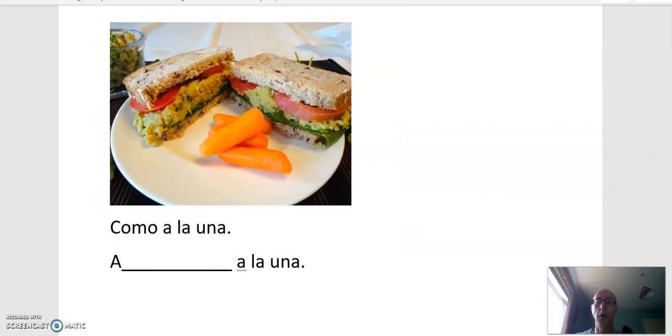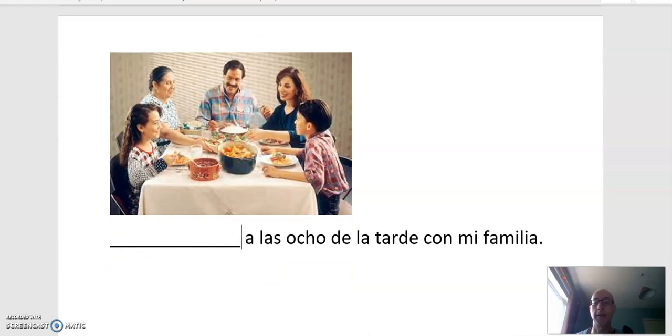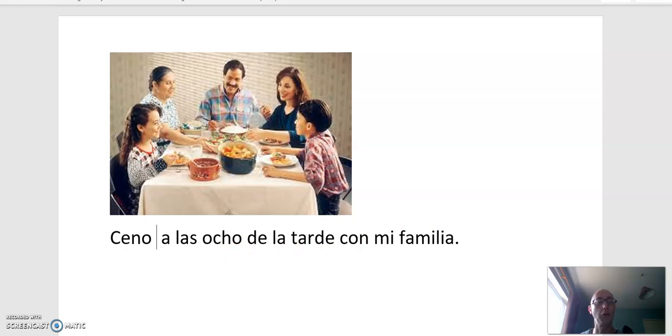We can say como a la una or almuerzo, which begins with an A. Almuerzo a la una. And the last meal begins with a C. Ceno. Ceno a las 8.